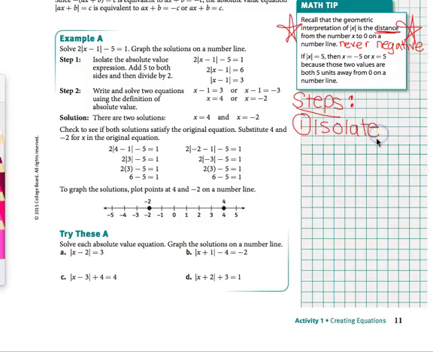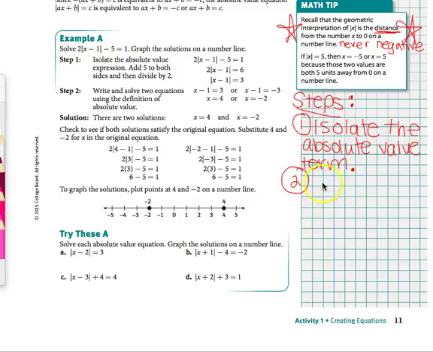Step one, which has to be done first, is to isolate the absolute value expression, or the absolute value term. So get it alone, get it by itself. That's number one. You have to do that first. Can't do number two until number one is done.